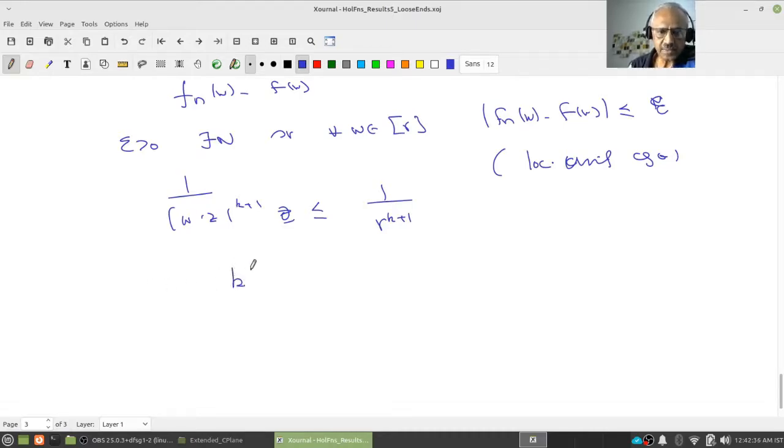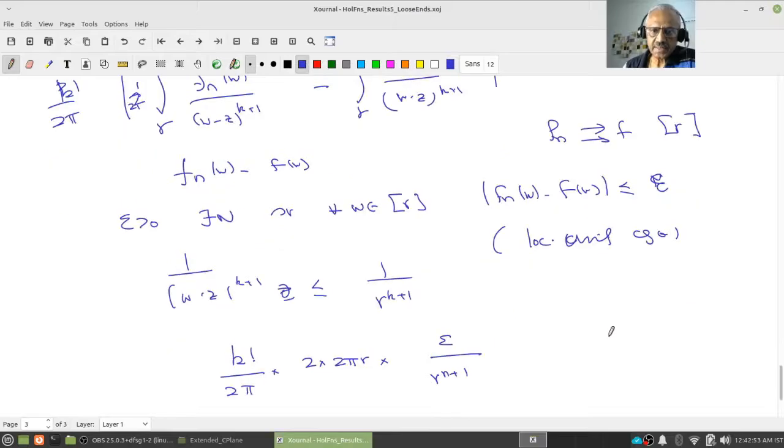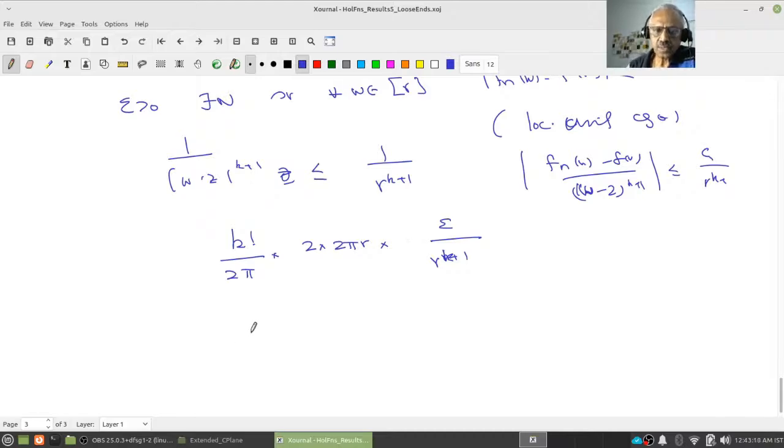Therefore my M is going to be, I have k factorial by 2 pi, the length is 2 pi times 2r, therefore 2 times 2 pi r, and then epsilon by r to the power k plus 1. Do all of you understand that? Therefore mod f_n of w minus f of w by w minus z to the power k plus 1 is less than or equal to epsilon by r to the power k plus 1. I wrote n, this is k. Do all of you understand?